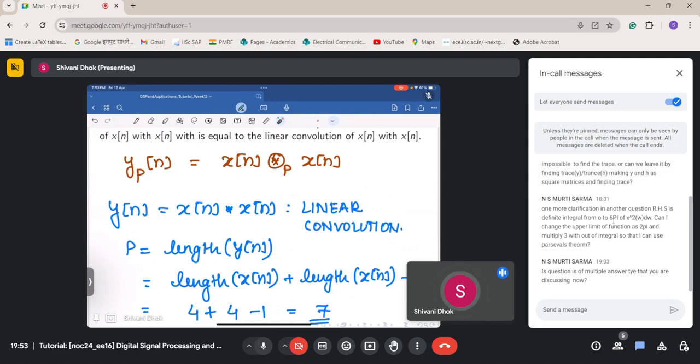Then you split it into those parts, apply the periodicity property of x of omega, and then you can apply Parseval's theorem. I think overall you will get the same answer, but a more justified argument will be the use of periodicity.